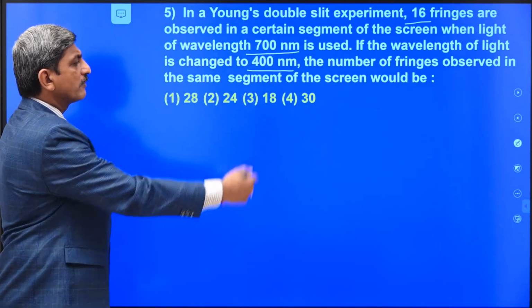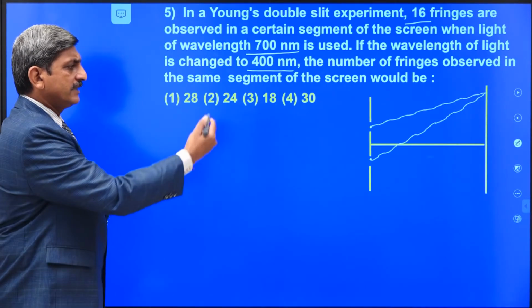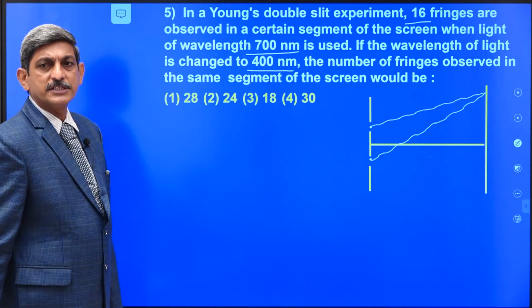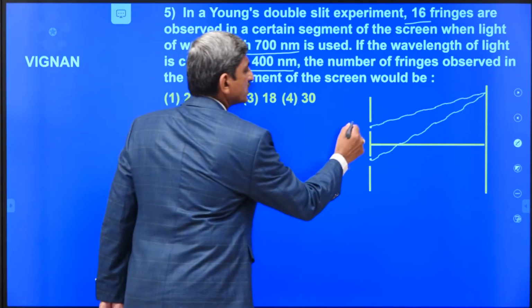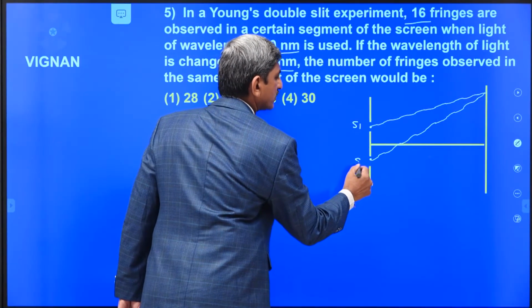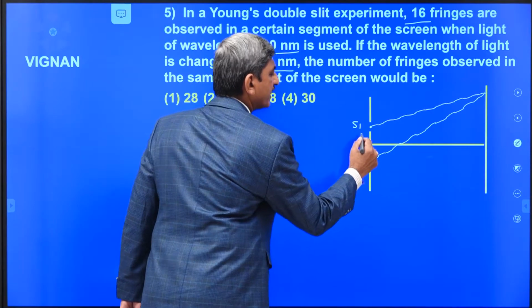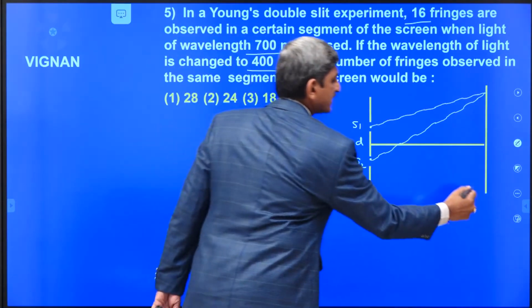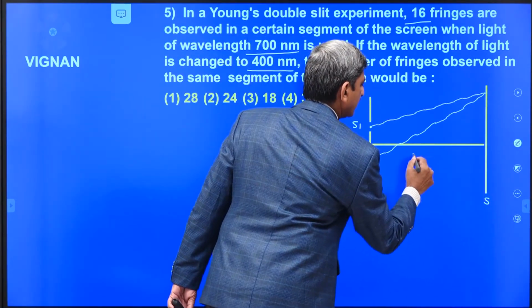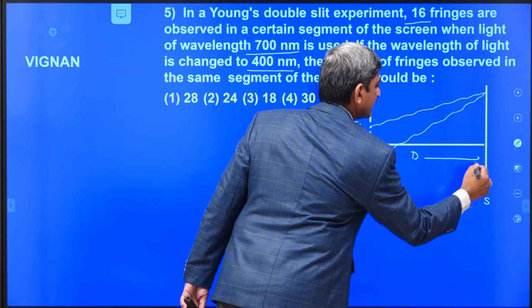To solve that problem, let us see the experimental setup of the Young's double slit experiment. These are the two slits S1, S2, which are separated by a distance d, and this is the screen. Let D be the distance between the screen and the slits.